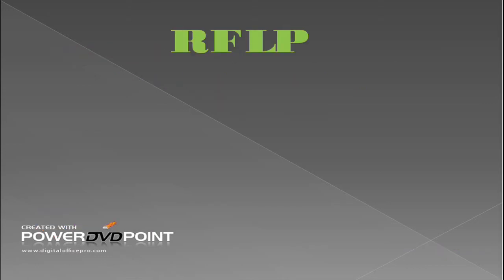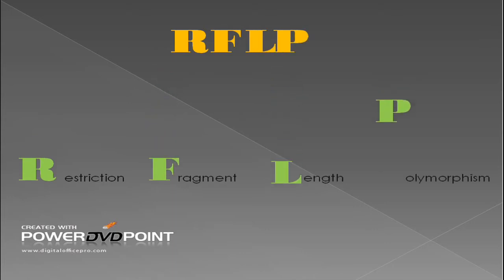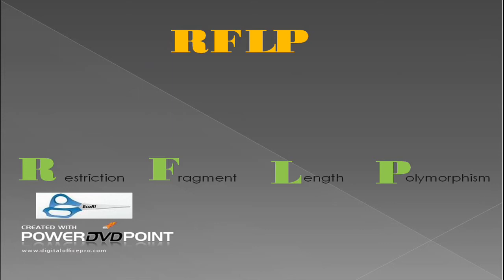The technique which we are going to discuss is RFLP, which stands for restriction fragment length polymorphism. Restriction stands for the restriction enzymes which we have seen, which are used to cut the double stranded DNA at specific sites.